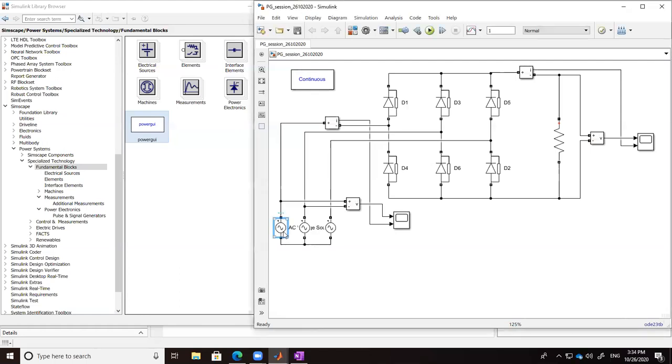Well, let me tell you, this is A phase, this is B phase, and this is C phase. Okay. Now we just want to measure the voltage between A phase and B phase. That will make VAB line to line voltage.